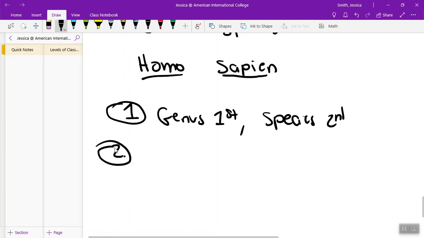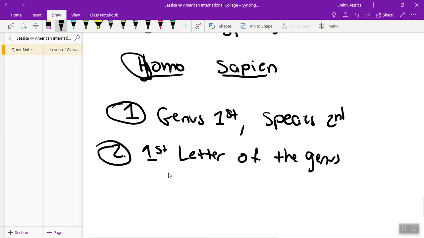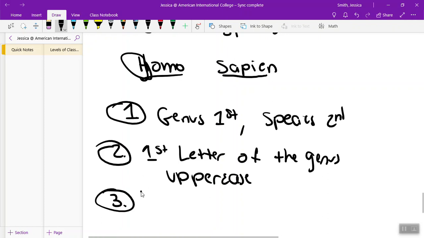Second rule, as you can see, the first letter of the genus name, the H here, is capitalized, whether you type it or write it. Rule number 3, the rest of the genus name and all of the species name is lowercase.